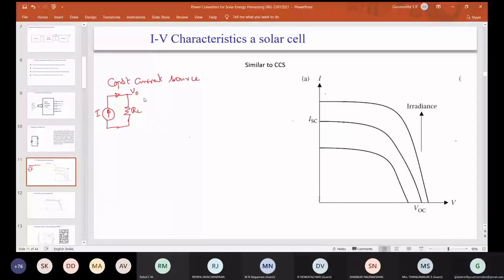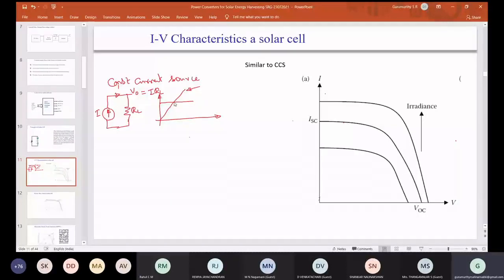Suppose you plot this voltage versus this current. Now you see, this is the characteristic of the resistor. If you increase the current flowing in a resistor, the voltage across the resistor will increase like this.